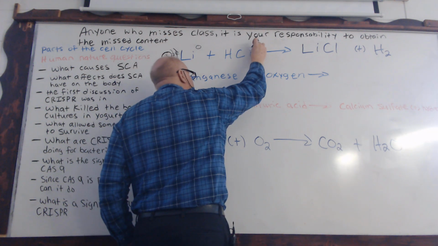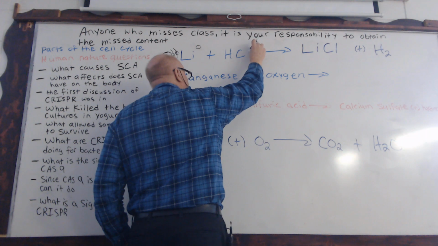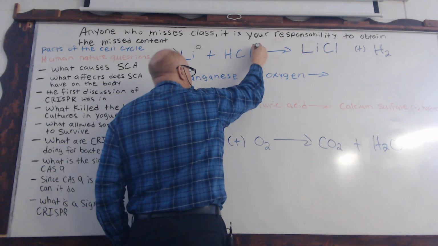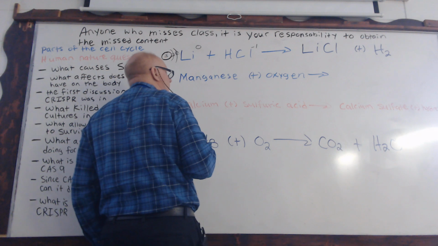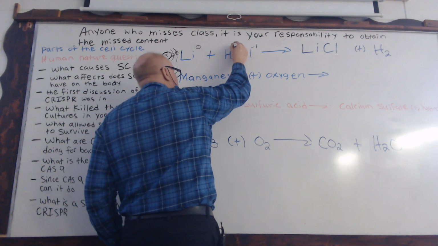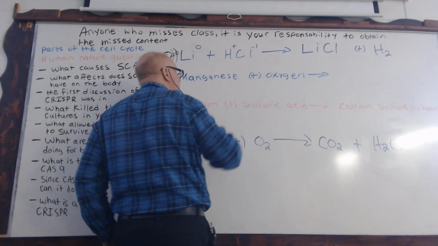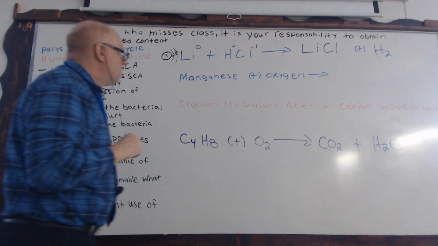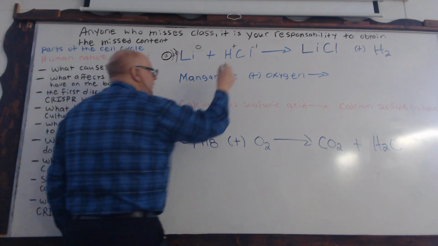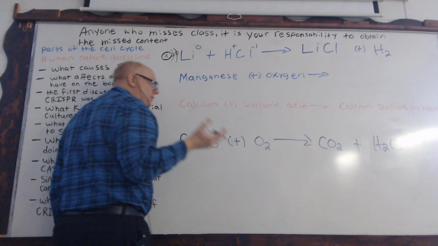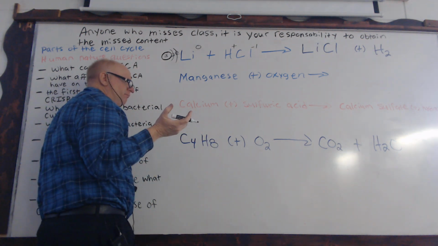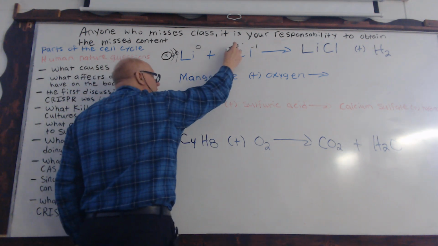What charge does chlorine have? Okay? What charge does hydrogen have? +1. Okay? So then when we go over to that other side, some authors, maybe periodicals, would just put the plus sign there.